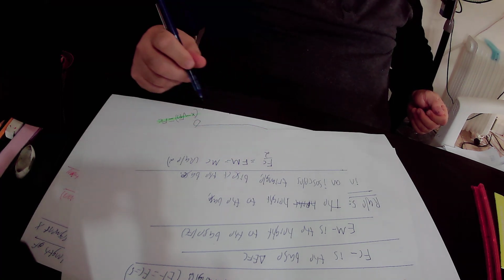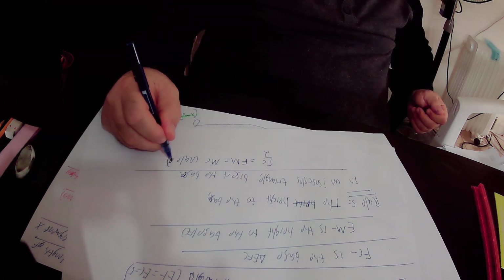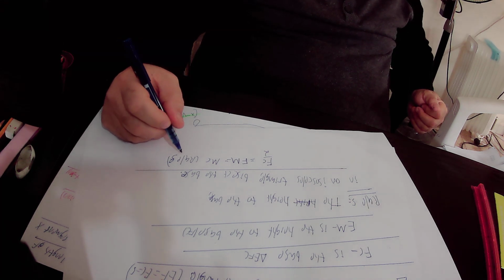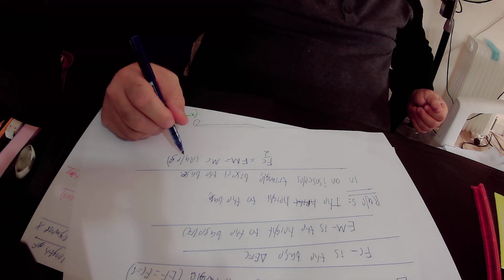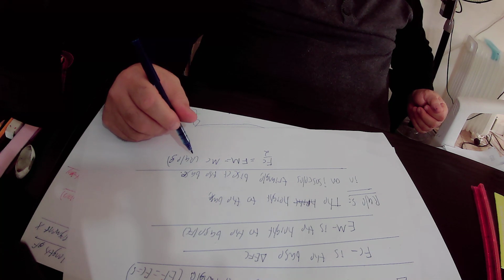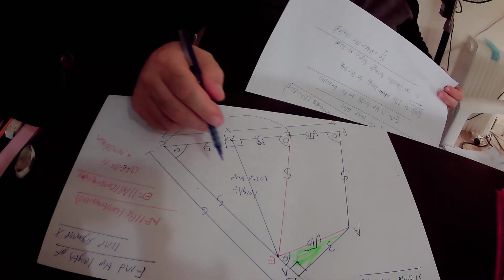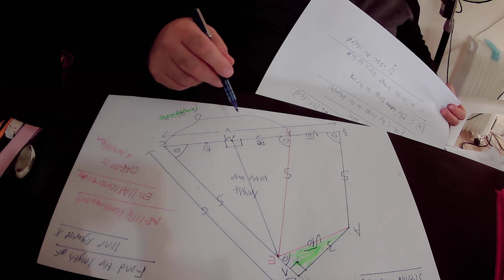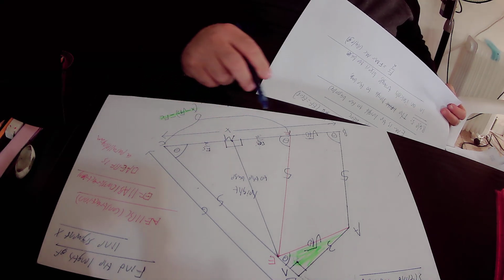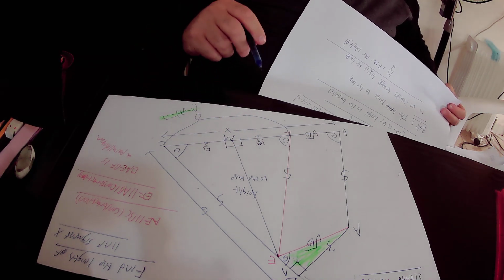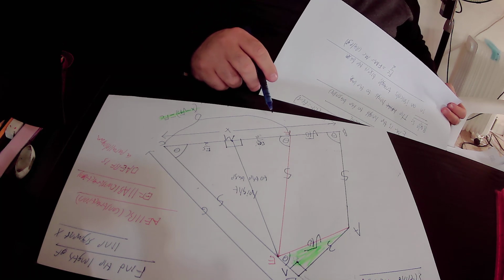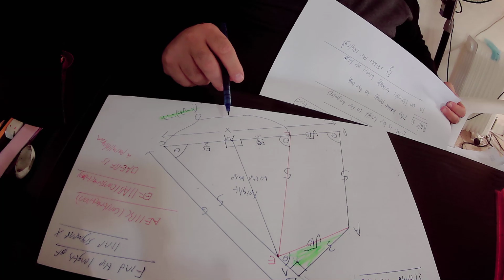So in conclusion, according to rule number 5, FC over 2 equals FM equals MC. Why? Because here the height EM bisects the base FC, so FC is divided into 2 equal parts.